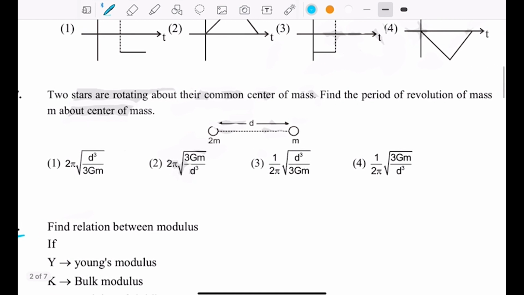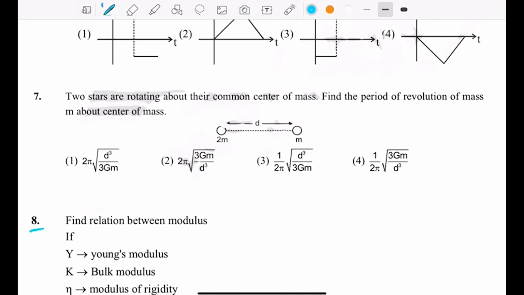Two stars are rotating about their common center of mass. The period of revolution of mass m about the center of mass. So here I can take the reduced mass concept about the center of mass. What is it asking?